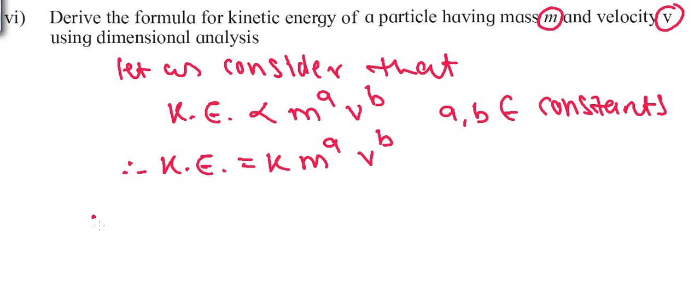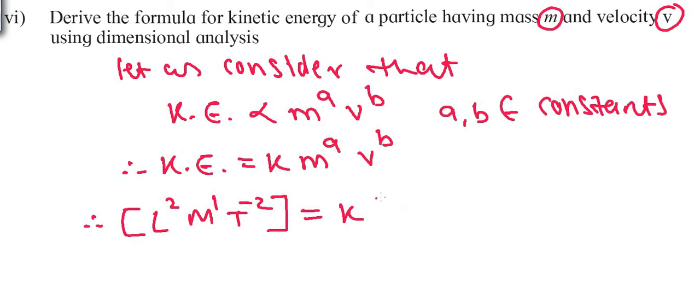Now let us write the dimensions of kinetic energy. Dimensions of kinetic energy are same as that of work, potential energy and torque. We already discussed this. So the dimensions are L raised to 2, M raised to 1 and T raised to minus 2.